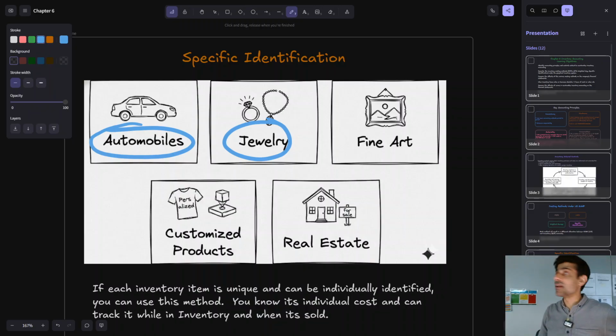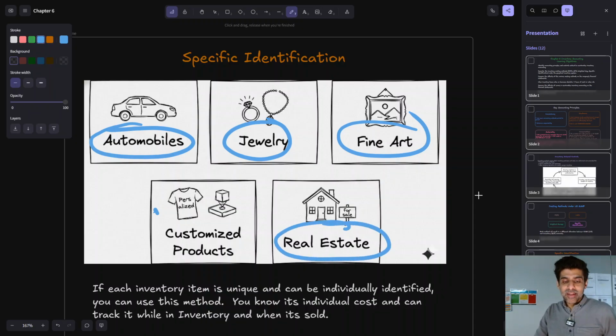You can use this method because you know exactly which item you're selling and how much you paid for it, so it's easy to do the matching of the revenue and the cost of goods sold. Art, again, no two pieces of art are exactly the same, so you can track those individually. Customized product. Real estate, no two pieces of real estate are exactly the same, even in a tract home.